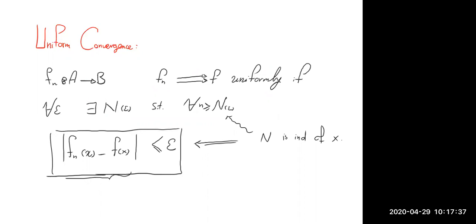Okay, so let's look at some examples. Let's look at the examples we already have. In the first case, we defined fn of x to be x over n, right?